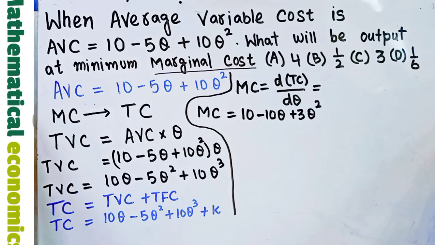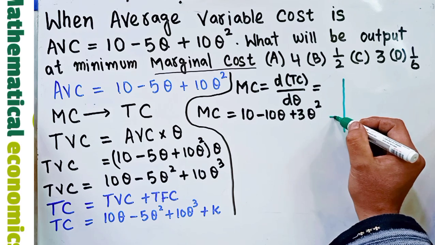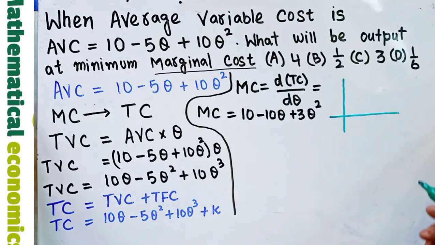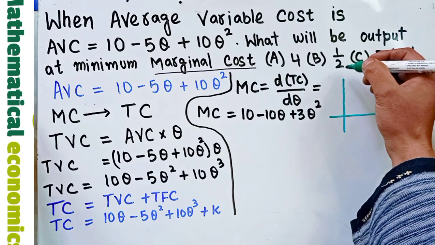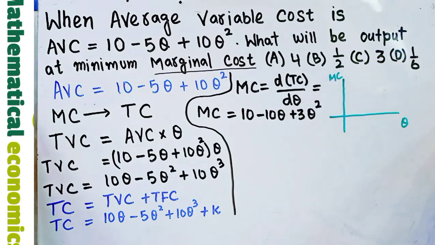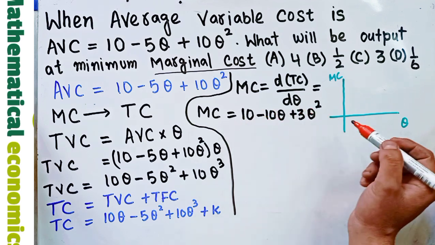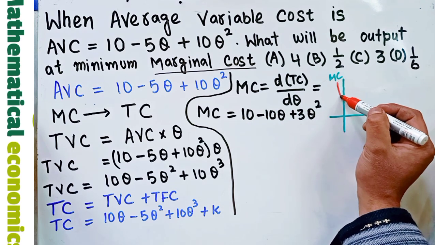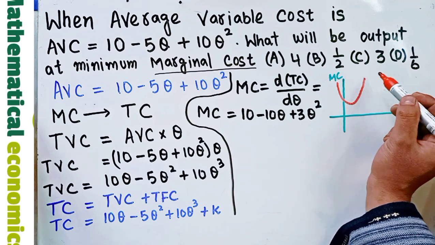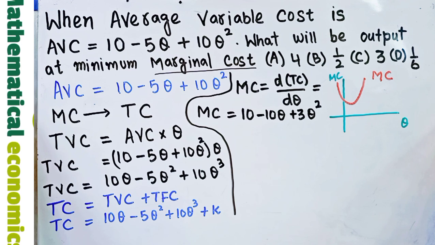Graphically, what exactly we have to find out, let's draw a simple graph. We have output on this side and marginal cost on this side. If I draw this curve, it will look like this. This is the marginal cost function. Now we need to find out the level of output where marginal cost will be minimum.